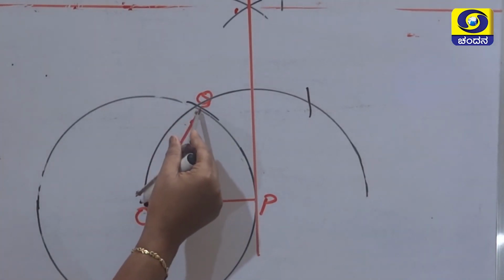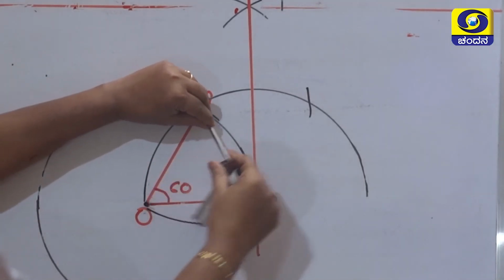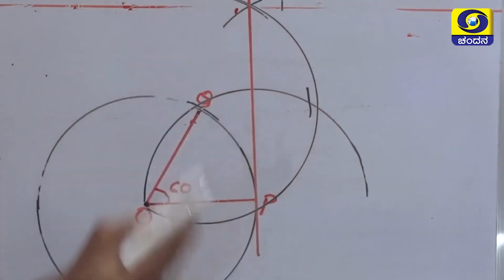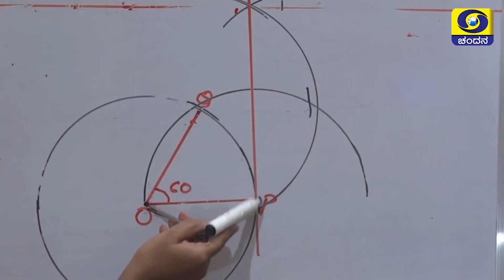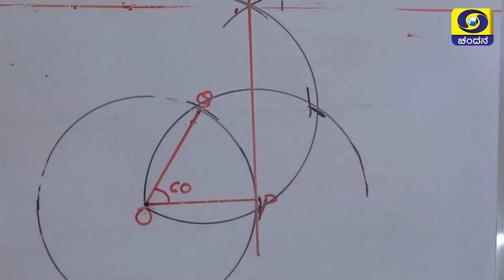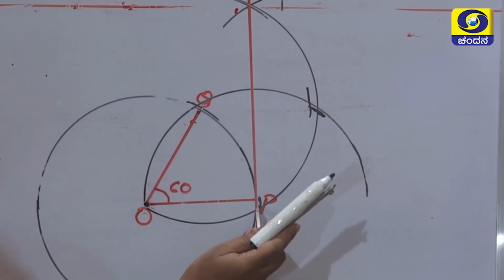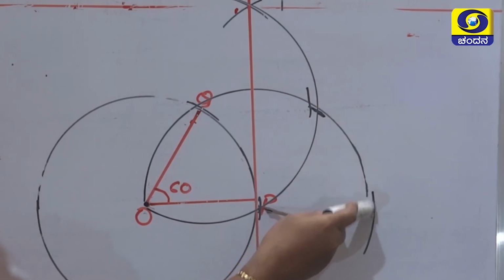For this, let us take this as radius and draw a semicircle here. Now, this is our semicircle. We will make marks on the already drawn semicircle. Now, keep the needle of the compass on these two arcs.